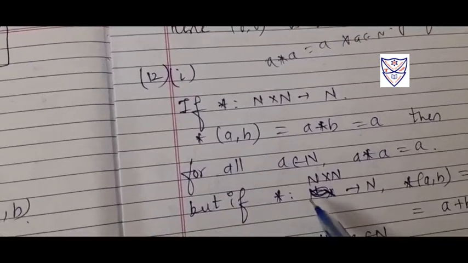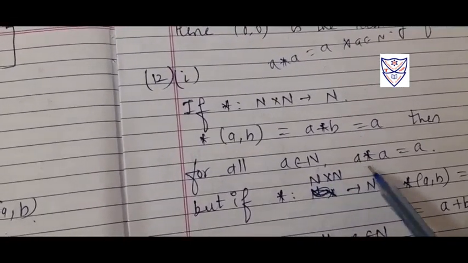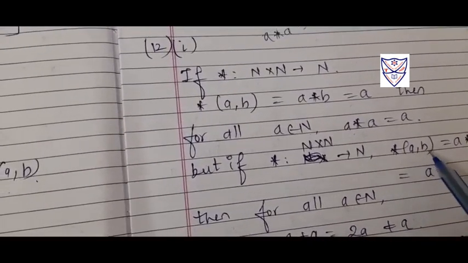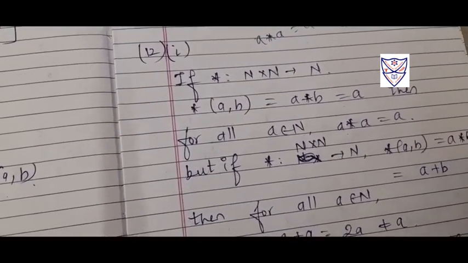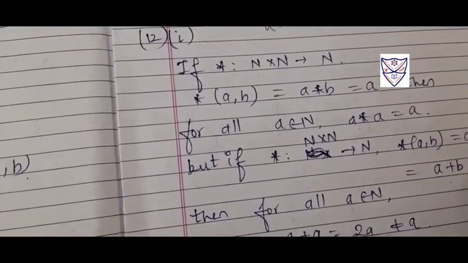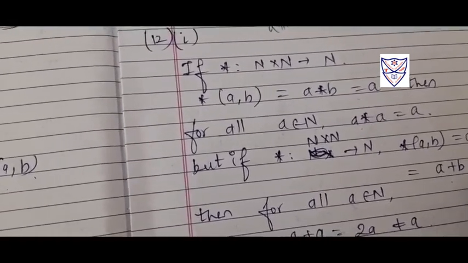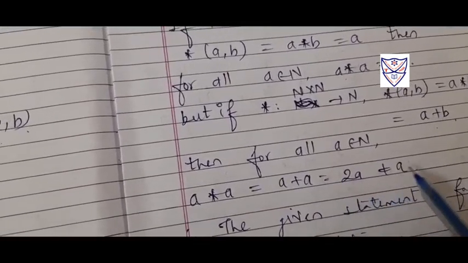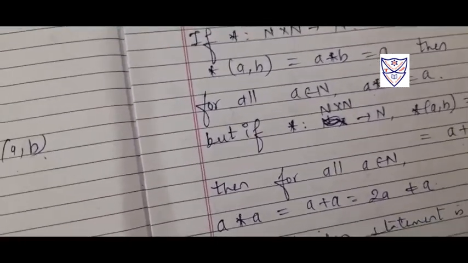So for all a belongs to N, a binary with a is a, but a binary (a, b) is a binary with a, that is a plus b. Okay, but it is given that a binary with a is a, that is a plus a is 2a, which is not equal to a. So the given statement is false.